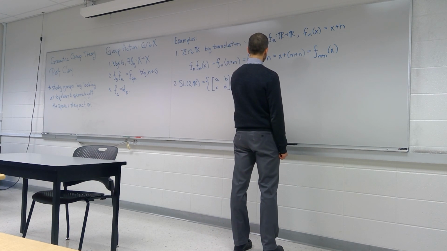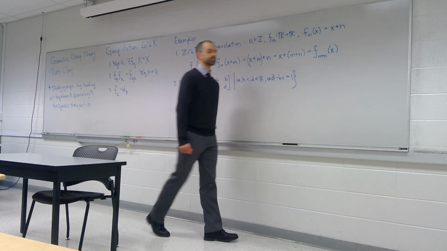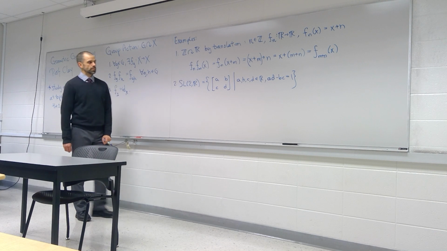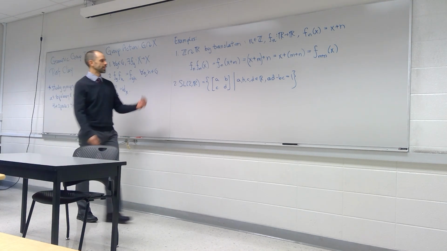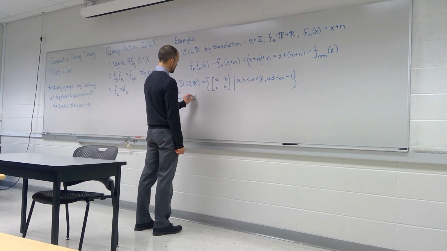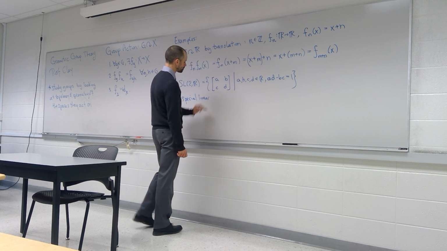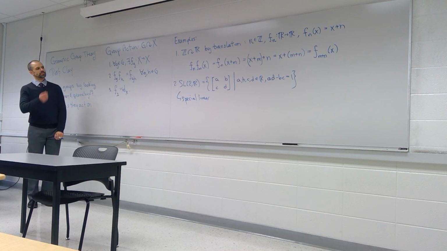And the special condition is just that the determinant, which is ad minus bc, should equal 1. This is what's called a special linear group: 2 by 2 matrices with coefficients in R. The SL just means special linear. Okay, this is indeed a group of matrices.